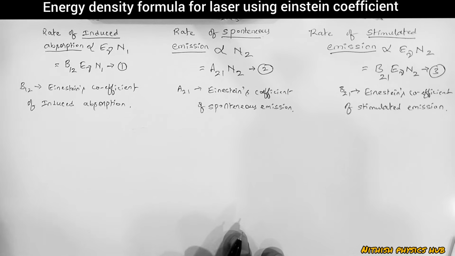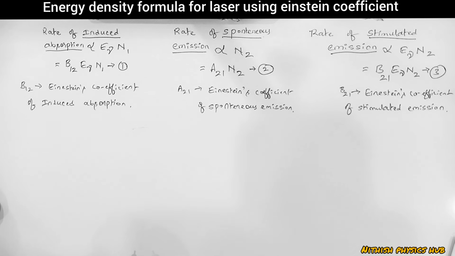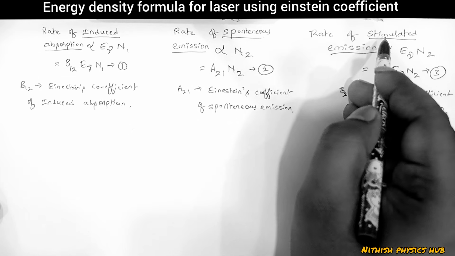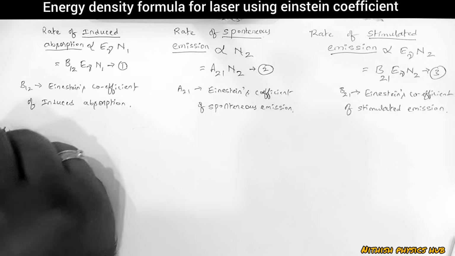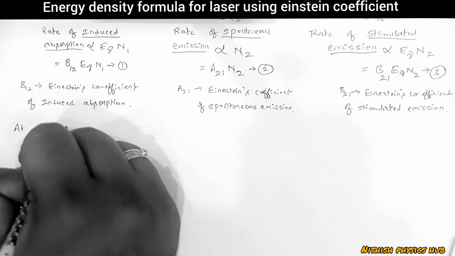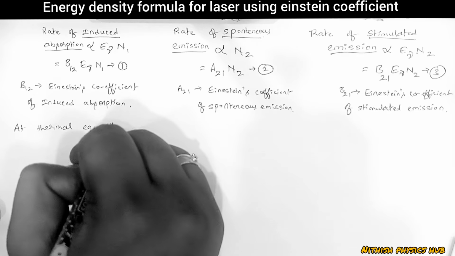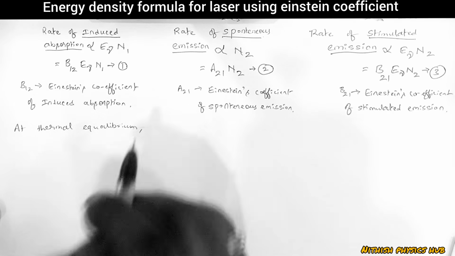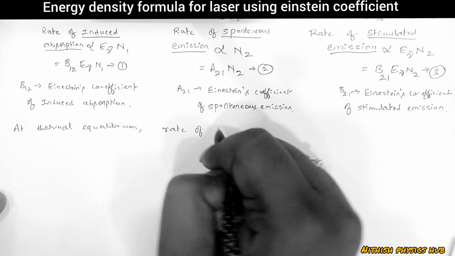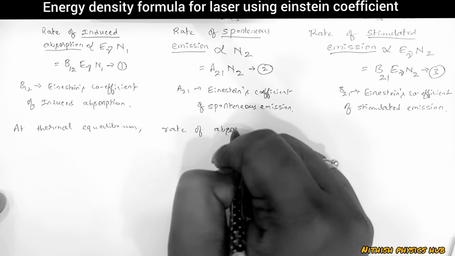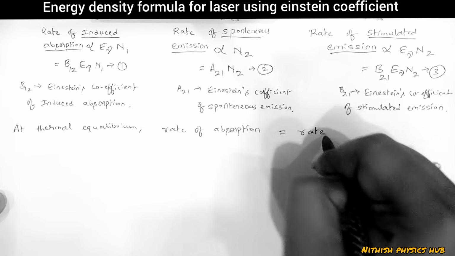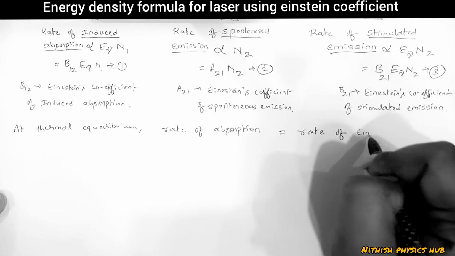Now we have three equations representing the rate of induced absorption, spontaneous emission and stimulated emission. Now I will take the condition of thermal equilibrium. At thermal equilibrium, the rate of absorption will always be equal to the rate of emission.